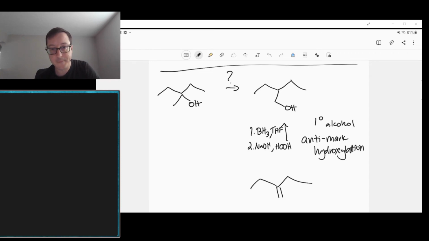All right. So now the problem is, how do we get this alkene? We know how to make the primary alcohol, and the only way to make this primary alcohol that we have learned would be to do hydroboration oxidation.